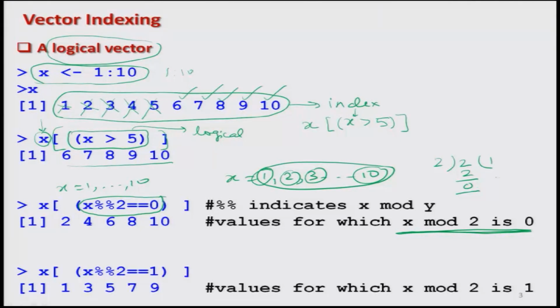Similarly, if I take 4 divided by 2, the remainder again comes out to be 0. So, 2 and 4 are the required values. And similarly, this operation goes over the other values 3, 4, 5, 6, 7, 8, 9 and wherever it gets the answer to be 0, it reports it here.